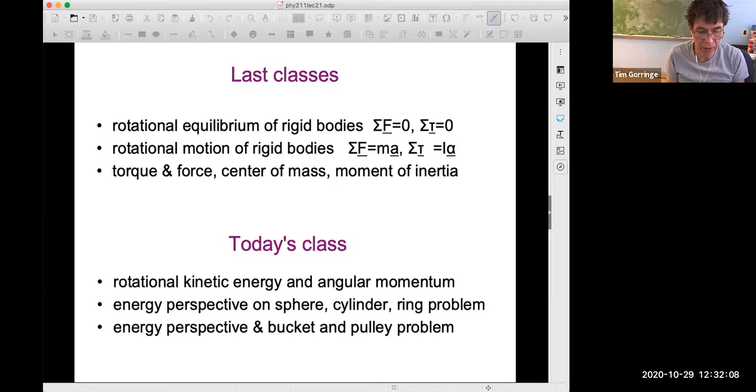And we're going to apply those new ideas to some old problems that we've already discussed, like the sphere and the cylinder and the ring rolling down the incline, and some new problems. We're going to explore some new problems with these new tools. So that's the plan, that's the proposal for today's class.